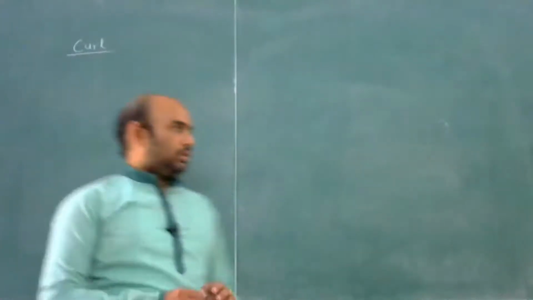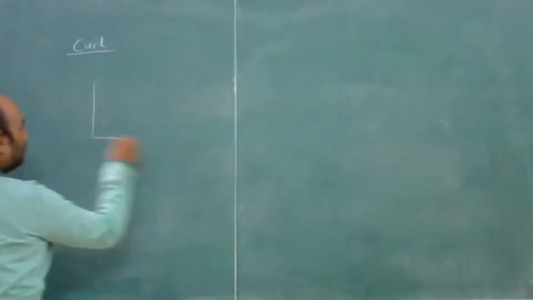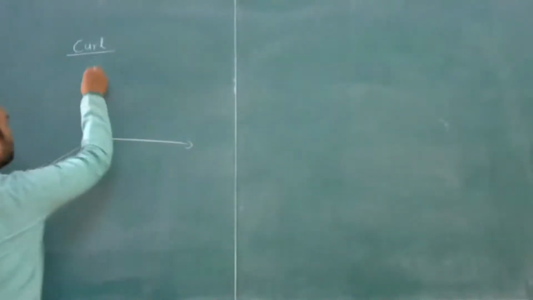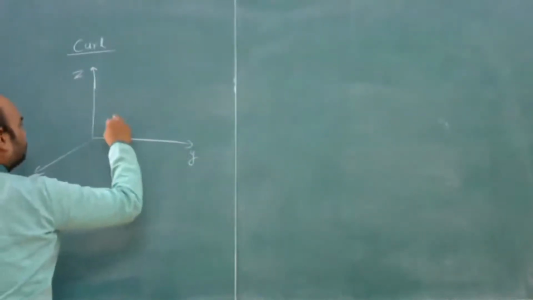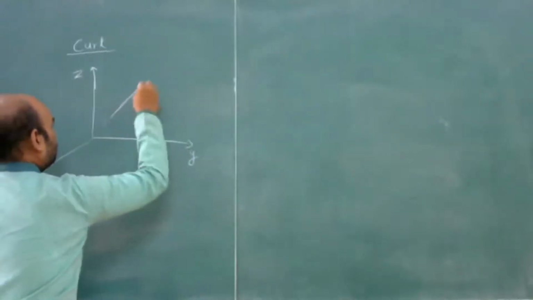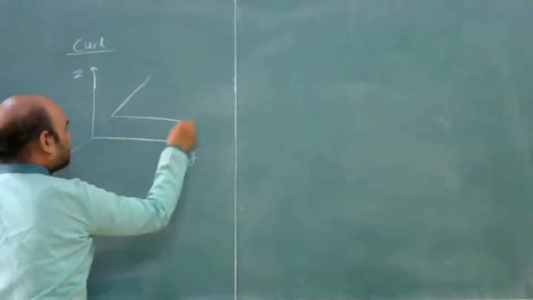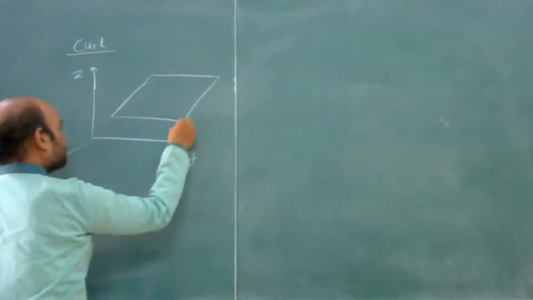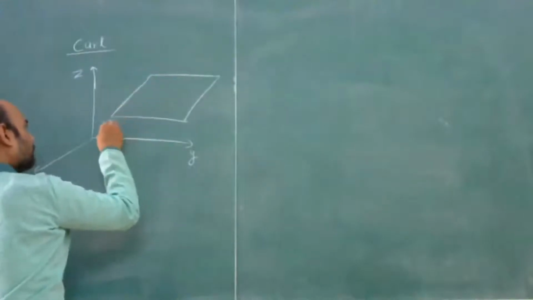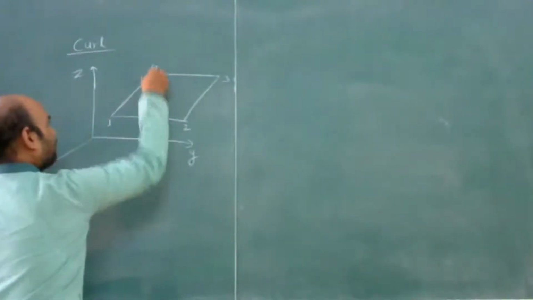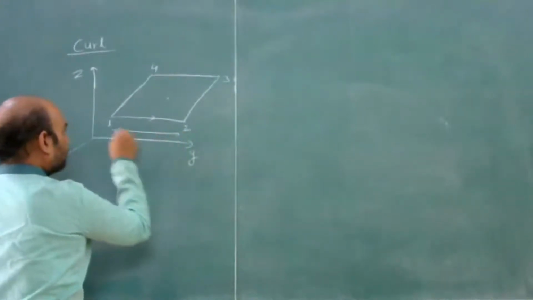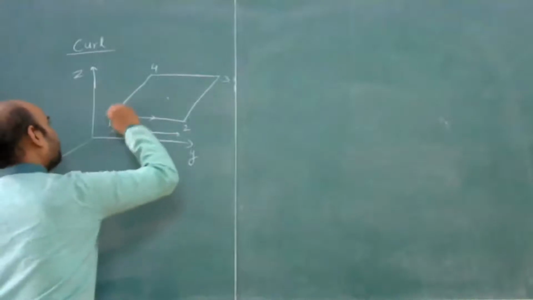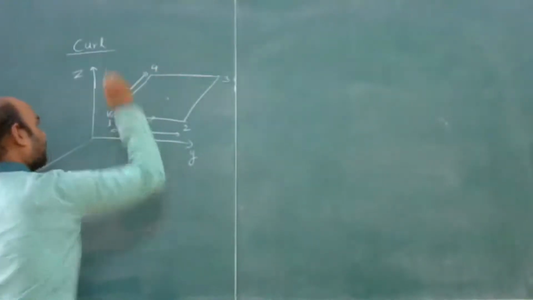Okay, so let's consider a rectangular loop parallel to the x-axis and y-axis, with this distance being delta y and this distance delta x.